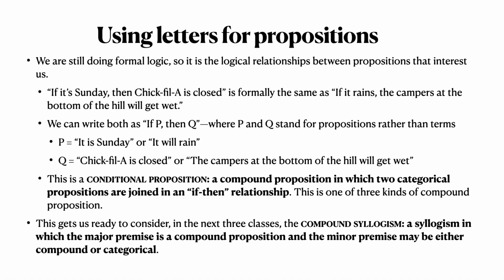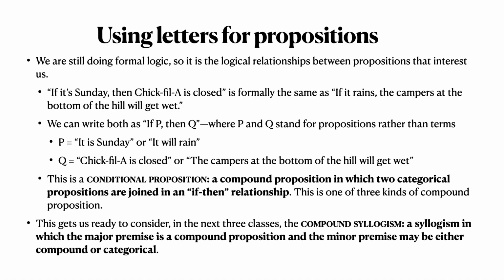It is, first and foremost, a syllogism. That is, it's a three-line argument in which the conclusion purports to follow from two premises. It's one of those. But it's a syllogism in which the major premise is a compound proposition. The minor premise might be compound, it might be categorical. But it's a syllogism, so there's a conclusion which purports to follow from the first two premises.